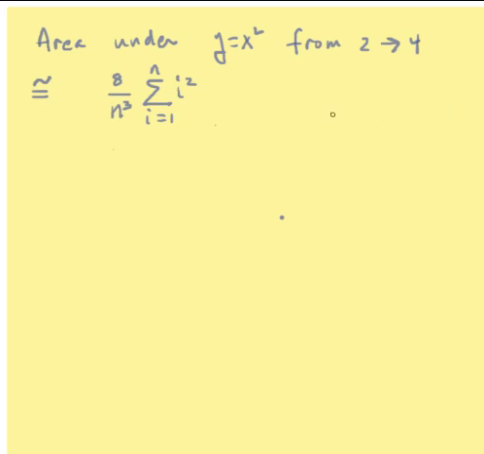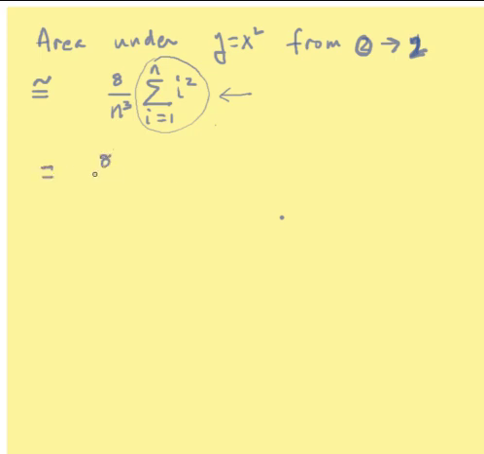So here's what we have so far. The area under y equals x squared from x equals 0 to x equals 2 is approximately equal to 8 over n cubed times this sum. And we have a formula for this sum. That was formula B. So we're going to replace this with the right-hand side of that formula.